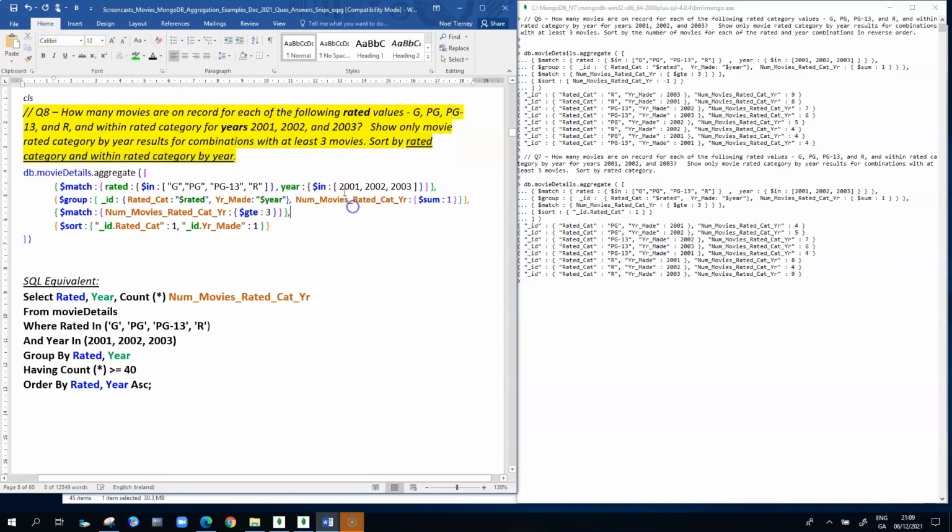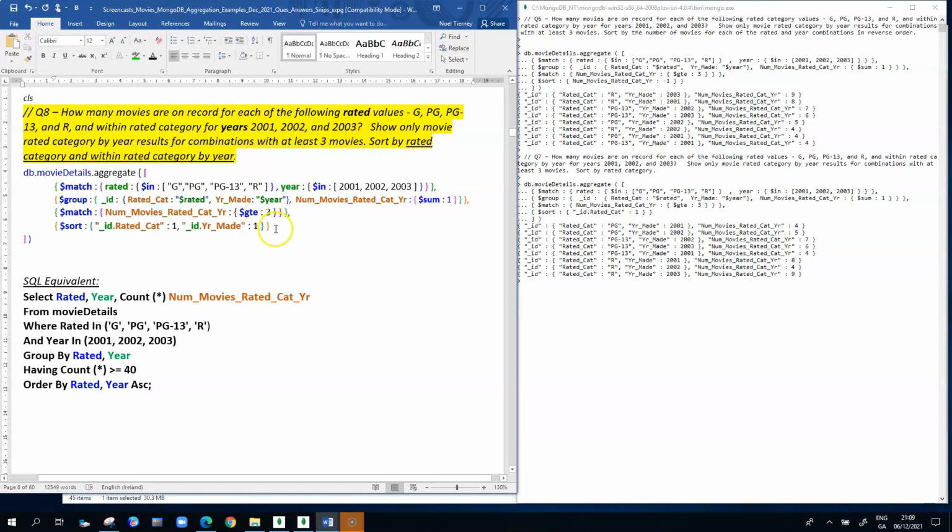So we need to sort by rated and then rated by year. This time the match stage, the group stage, and the second match stage are identical to the previous example, but the sort stage now has two fields in it: _id.rated cat and _id.year med.